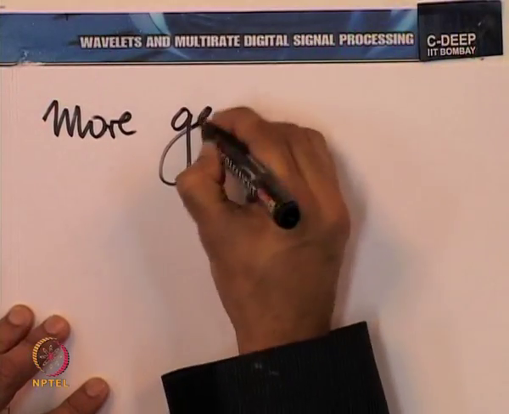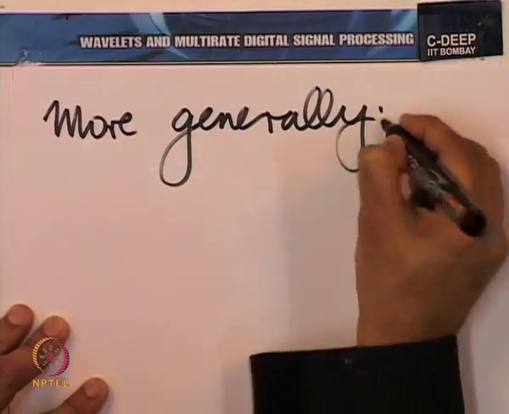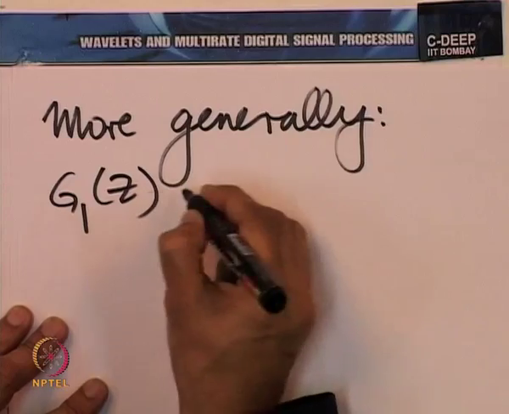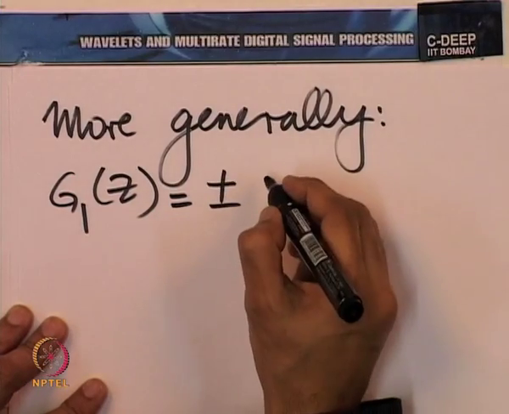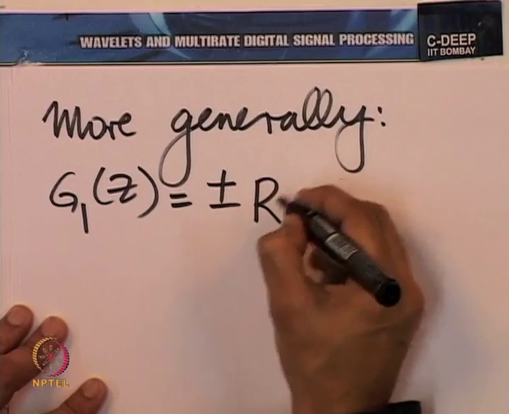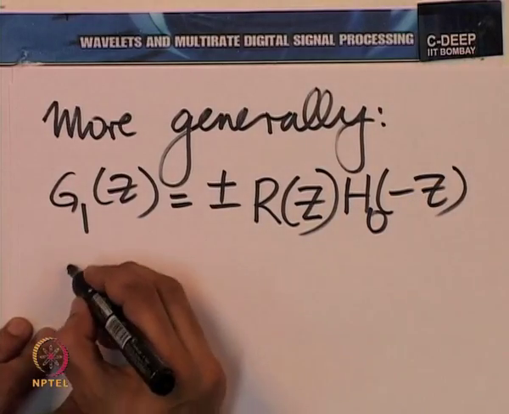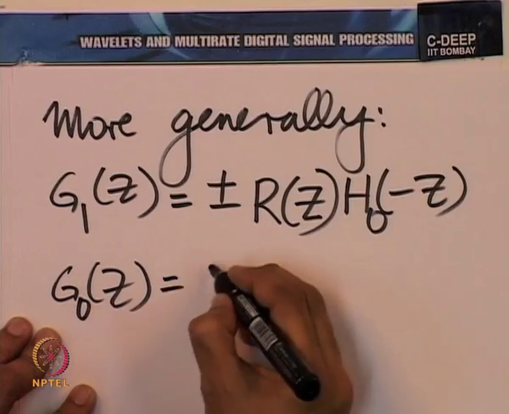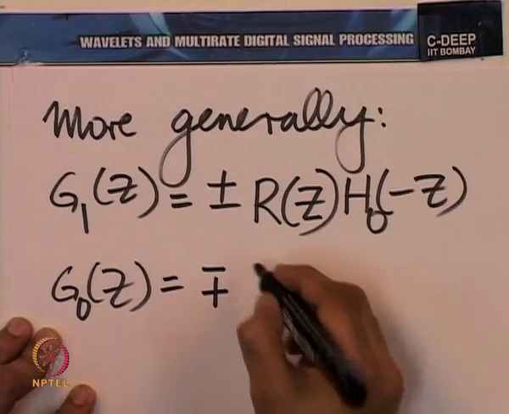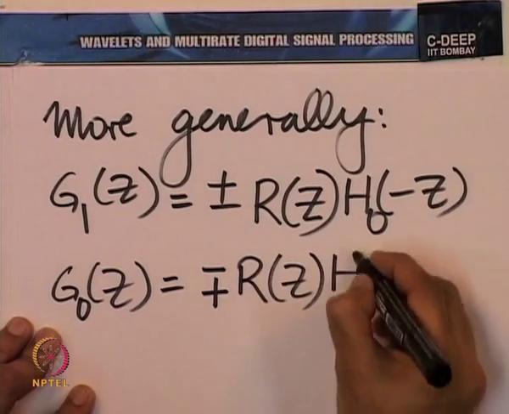In general, you should note that there would be a factor cancelled in the numerator and denominator. So, a more general choice would be as follows. G 1 z is of the form plus minus some factor, let us say R of z, times H 0 minus z, and G 0 z is respectively minus or plus R z H 1 minus z.